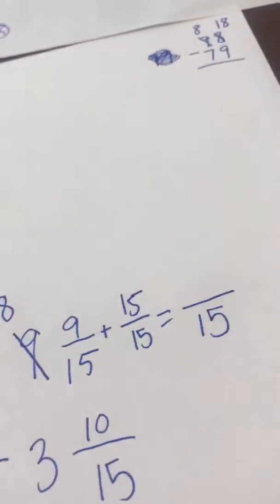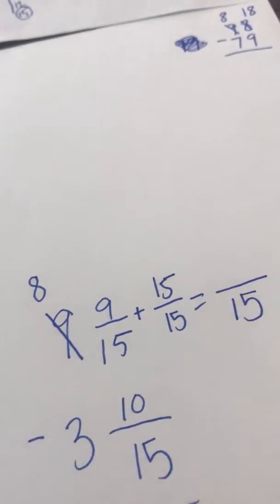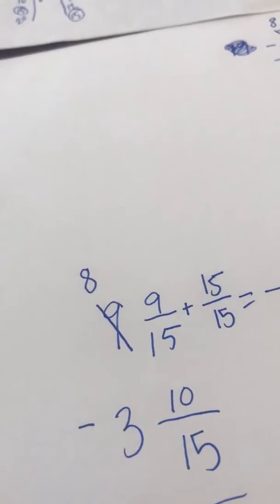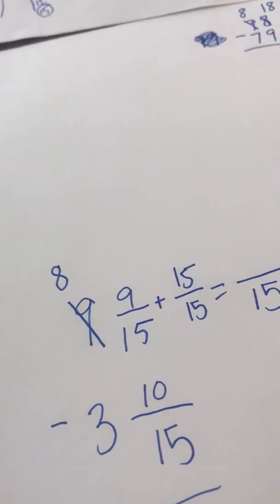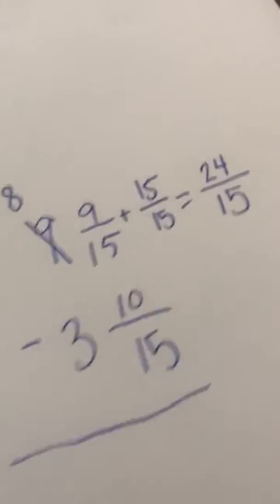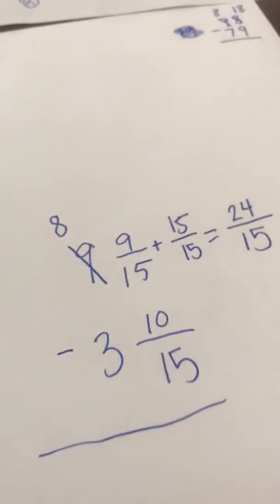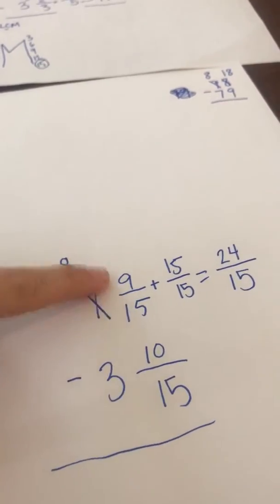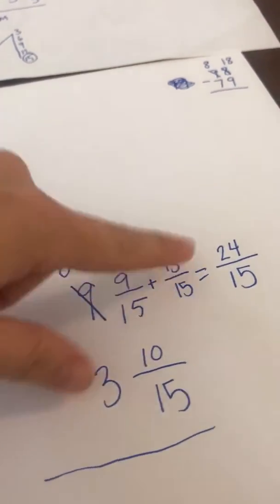So 9 15ths and 15 15ths. Okay, you're going to add 15 and 9. You're going to get 24 15ths. Okay, I want you to just look at that strategy. Borrowing a whole, adding the whole to the piece of fraction that you have here.